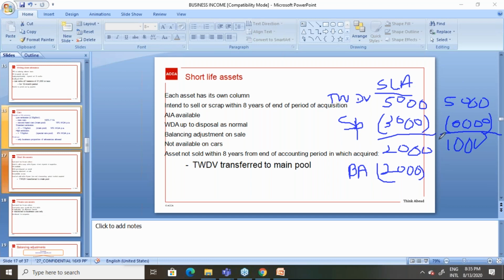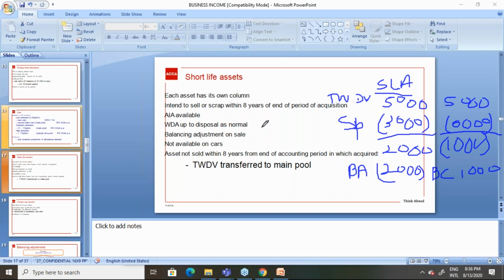However, you have been able to sell the asset for more than 5,000, which indicates you have claimed capital allowances more than you are required to claim. So this is what we call balancing charge, where your capital allowances will reduce. Okay, so this is not favorable to the taxpayer if you have a balancing charge.